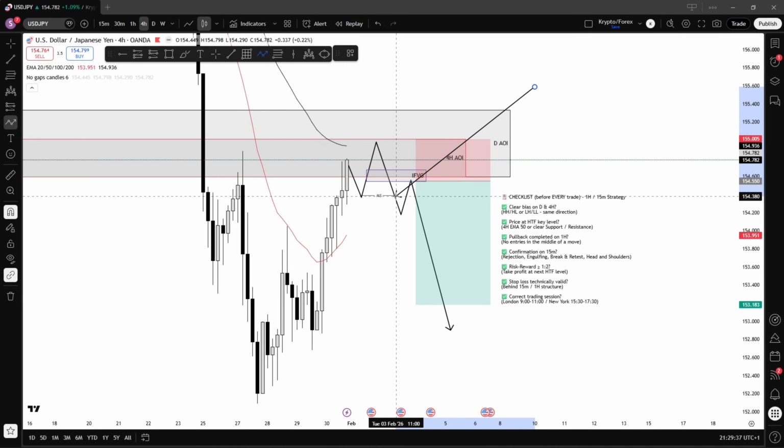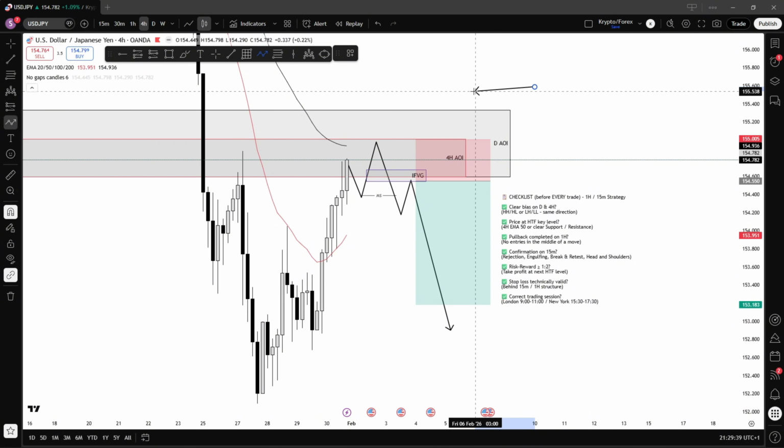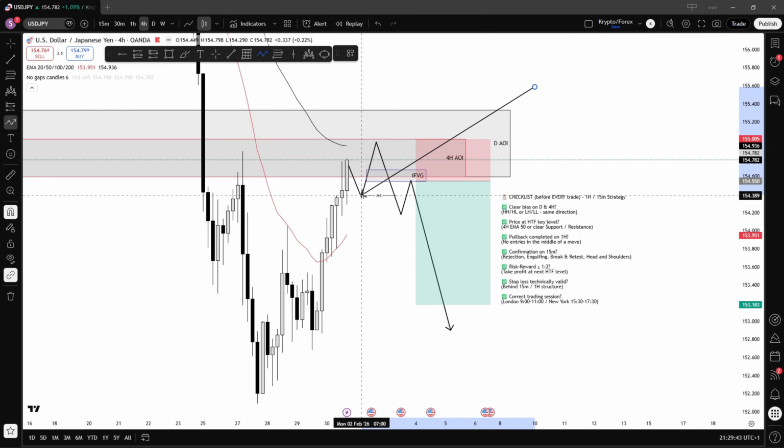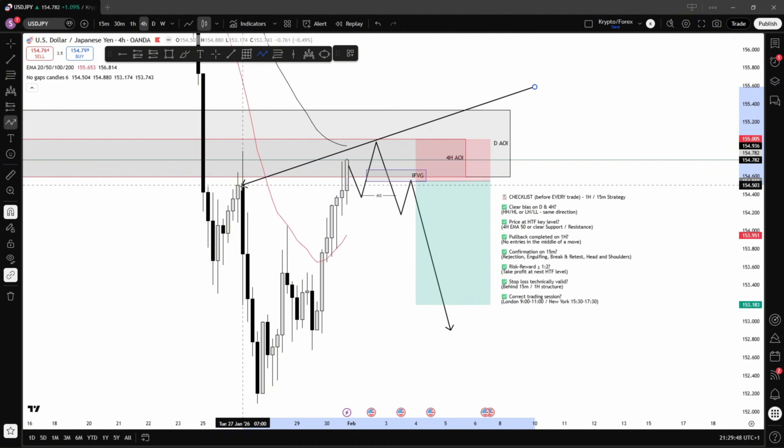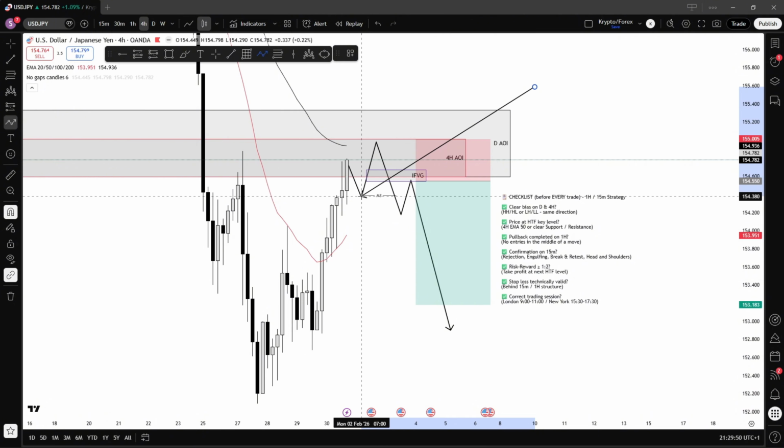If you're only bearish on the daily, I'm not going to enter. I need to be bearish on the 4 hour and daily, and then a quick pullback into an inverse fair value gap or the structure level right here. And you can see we could potentially create a head and shoulders.